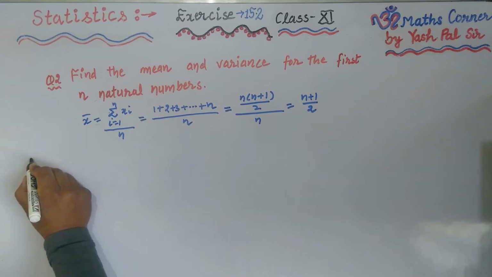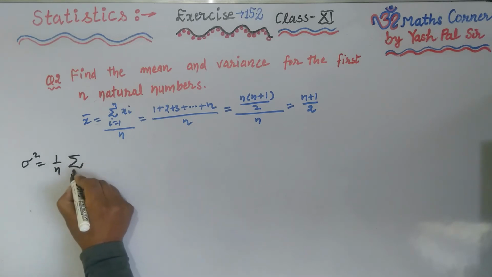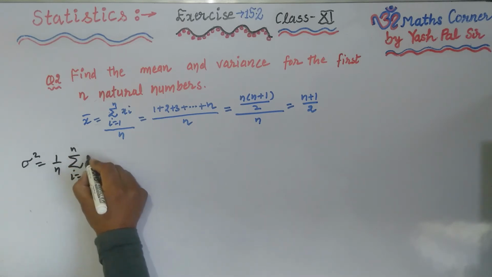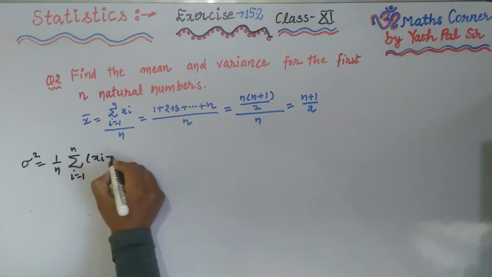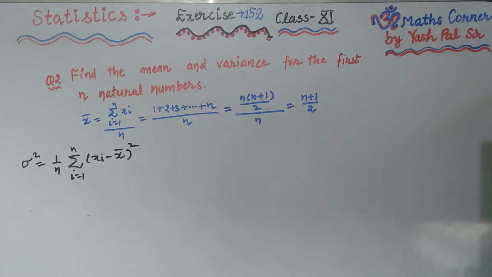Now the variance formula is 1 upon n into summation i equal to 1 to n of xi minus x bar whole square, right?